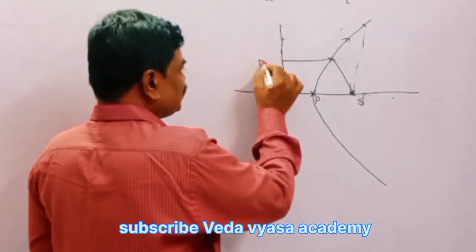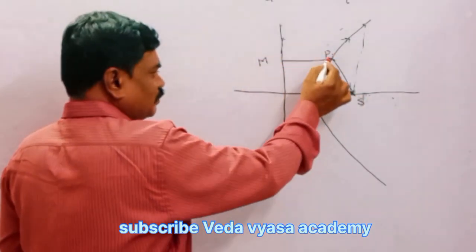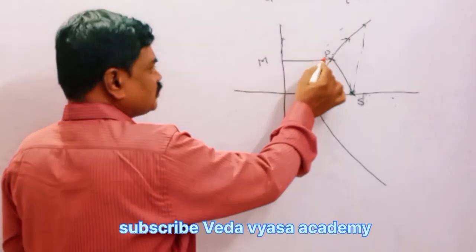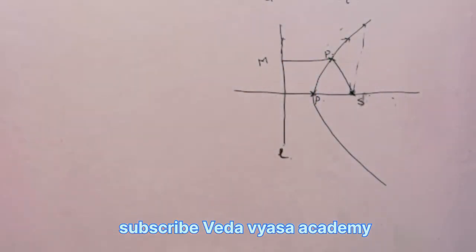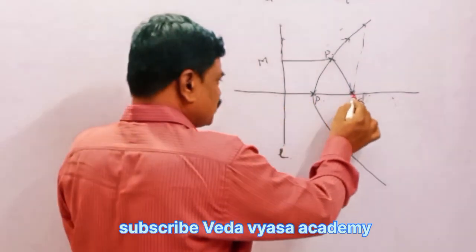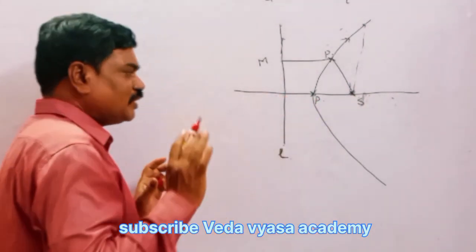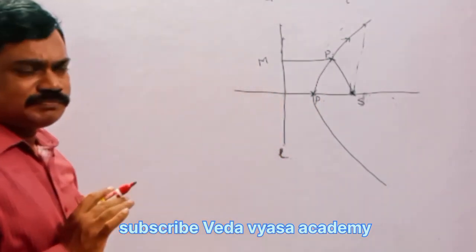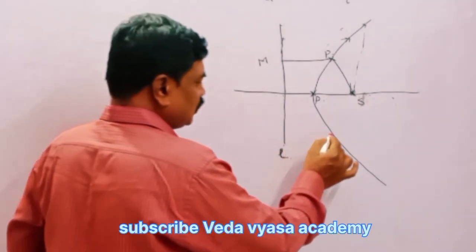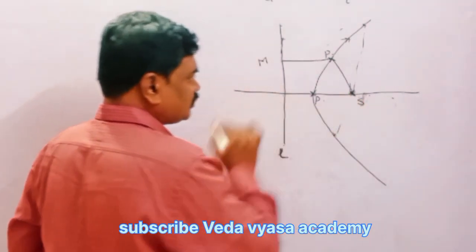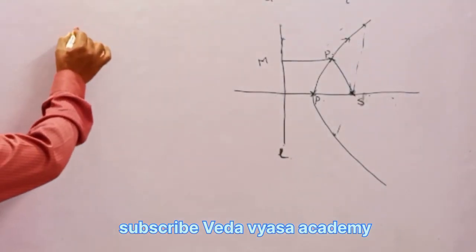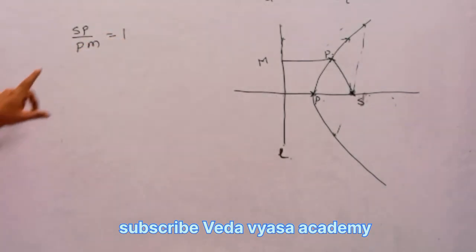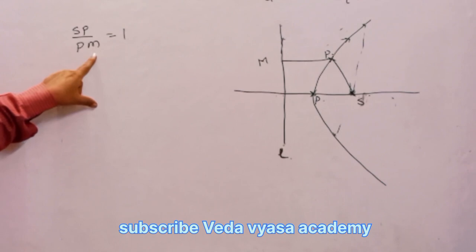The perpendicular distance from P to the line L is PM, where M is the foot. Okay, all of you, P is the midpoint of S and M. SP by PM is the same. So here we have the condition SP by PM is equal to 1.